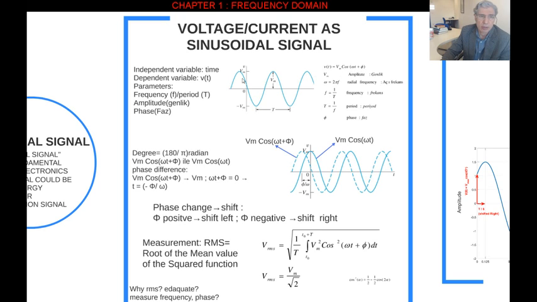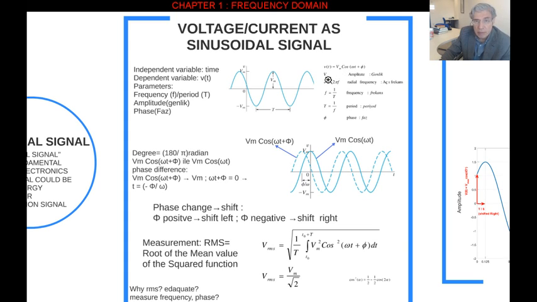So three parameters. First of all, this function is a function of t, so t is the independent variable. V(t) is the dependent variable, which is the function. And this function has three parameters in it. Let's examine these parameters step by step.